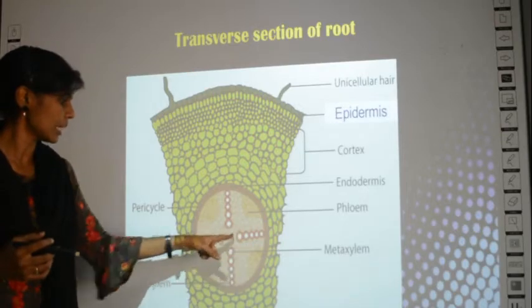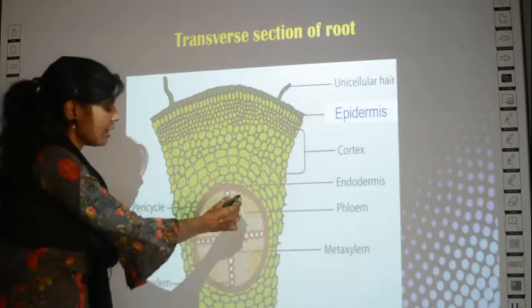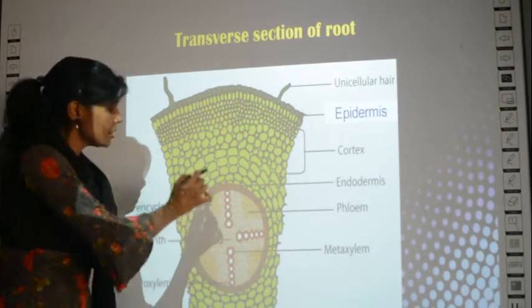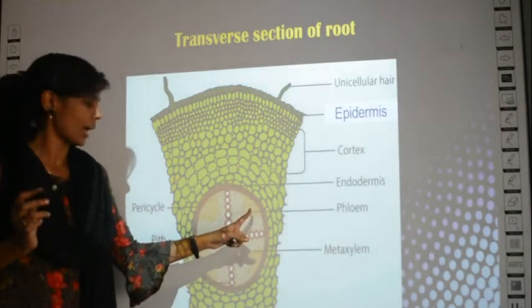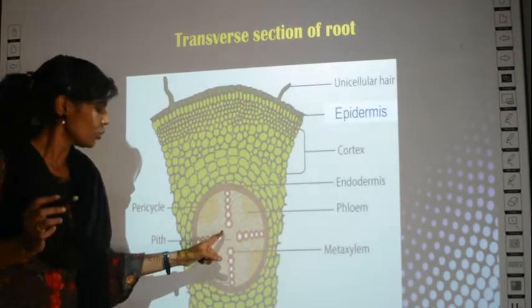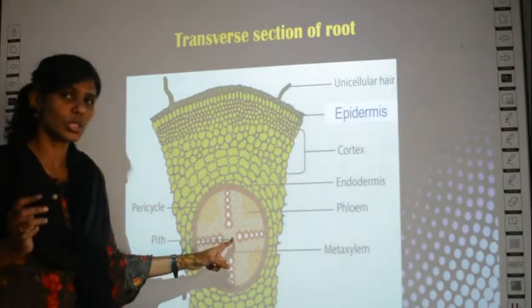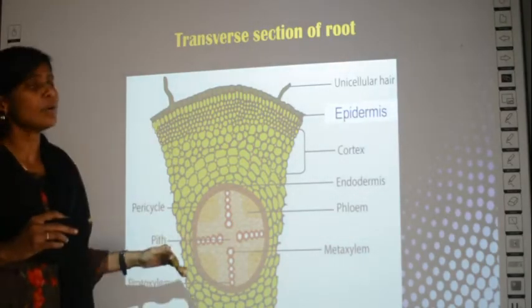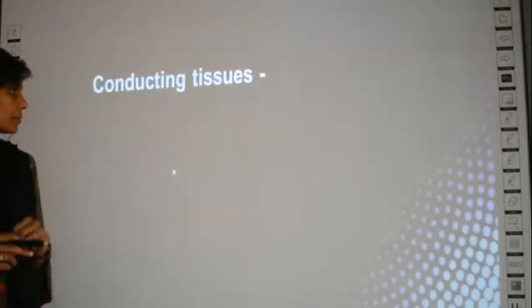You have four xylem drawn here, and in between two xylem you have a structure like a semicircle. This is called phloem. Also in the center you have an empty region, and this central empty region is called the pith. Clear? So this is all about labeling of the transverse section of a root. You should know how to label if a diagram is given.